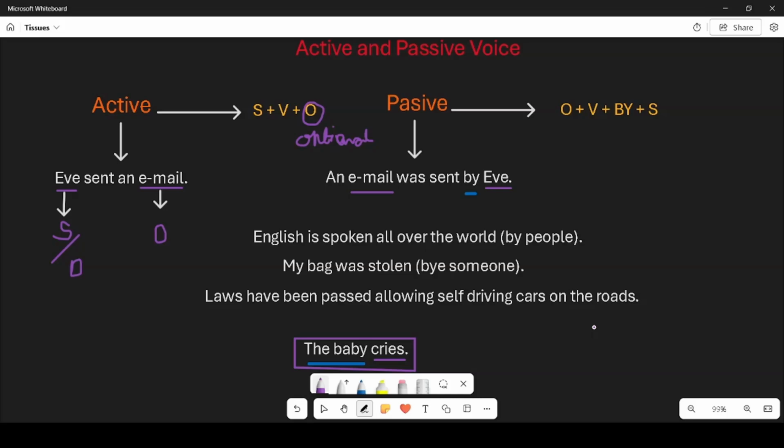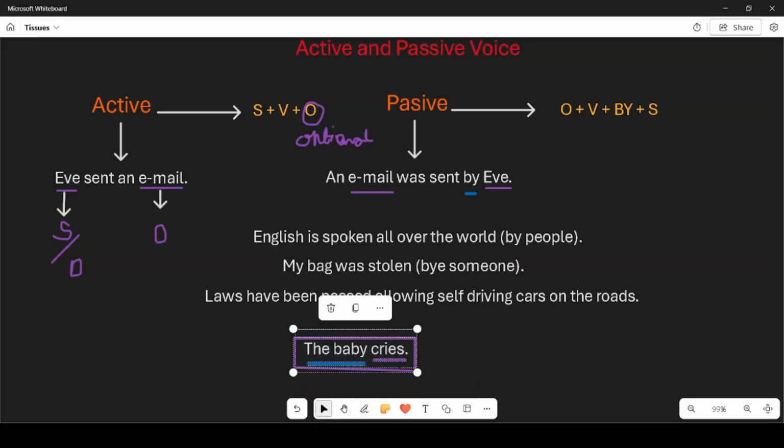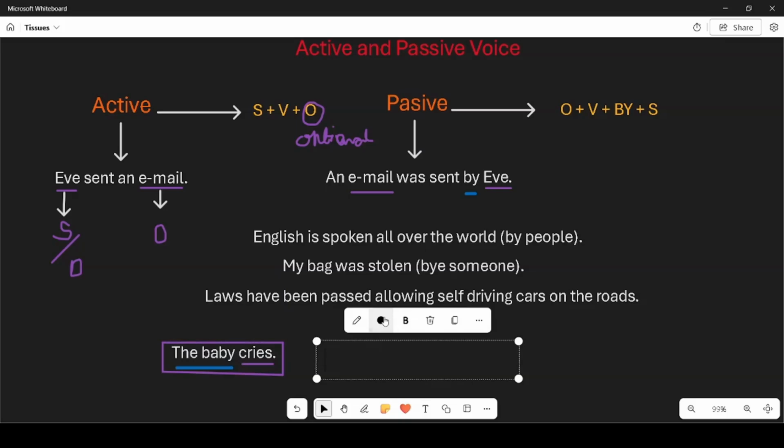For example, we gave a birthday gift to Sam. Birthday gift is the direct object and Sam is the indirect object. So we say Sam was given a birthday gift. And by us is obvious, since we gave it, so we don't need to mention that. Let me write it: we gave a birthday gift to Sam.